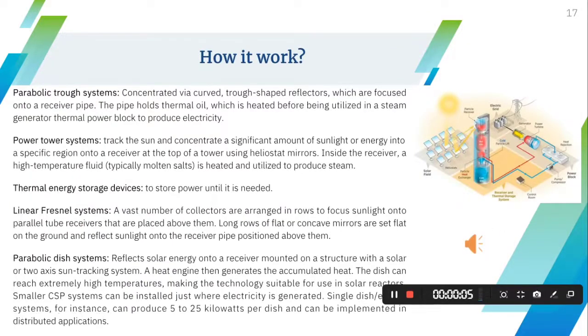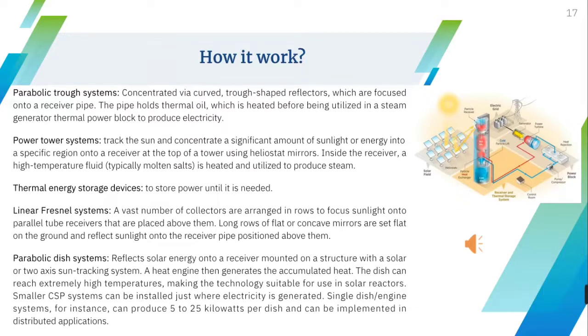There are several types of CSP technology. First one is parabolic trough systems. Sunlight is concentrated via curved trough-shaped reflectors, which are focused onto a receiver pipe. Meanwhile, the pipe holds thermal oil, which is heated before being utilized in a steam generator thermal power block to produce electricity.